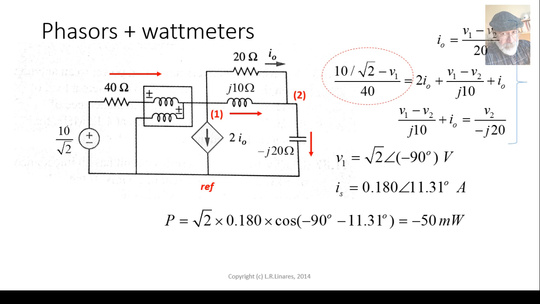That means that in reality the circuit on the right is delivering 50 milliwatts of power to the circuit on the left. And that is the reading of that wattmeter, negative 50 milliwatts.